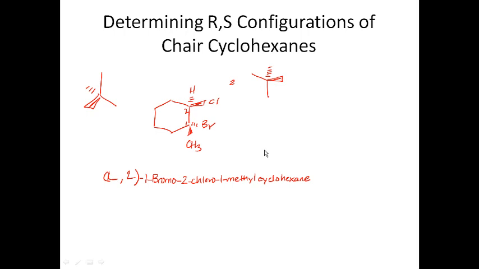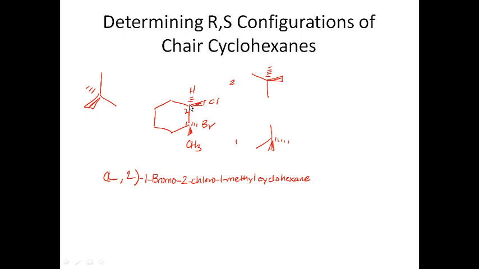And then down here for carbon 1, I'm going to do the same thing. So now if I can determine my 1, 2, 3, 4 Cahn-Ingold-Prelog sequence rules for carbon 2, I can put the numbers here and then simply manipulate them to get the 4th priority group away from me if necessary.